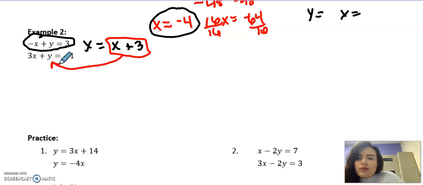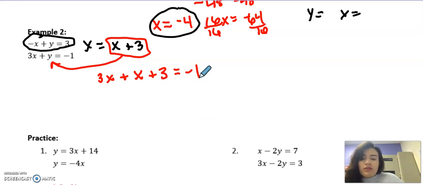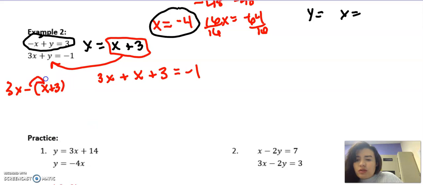So we are going to do 3x plus, now since it is a plus sign, we can drop the parentheses. I'm going to give you a hint. If you have a minus sign, you need to keep parentheses to distribute. Okay, that is just a side note.